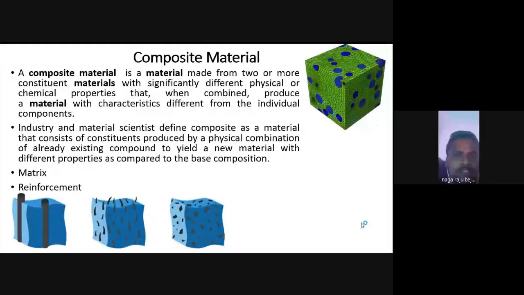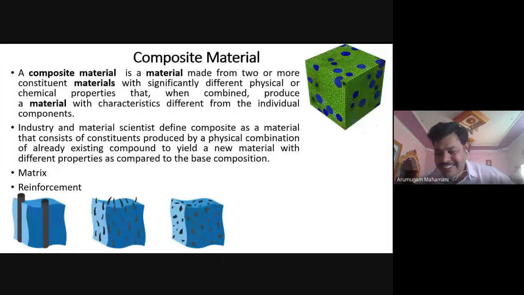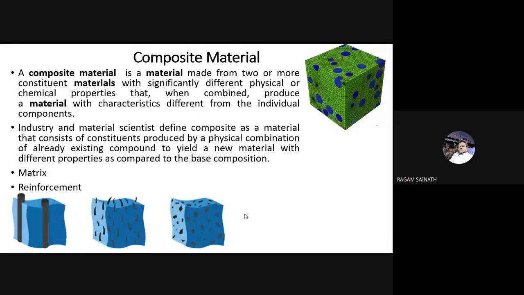Yeah, it is visible, sir. Right. Yes, sir. Okay, sir. But I am not seeing. Can you see my screen? Yes, sir. Right, sir. I will start. So the composite material title is there, no, on screen. Sir, it's clear.